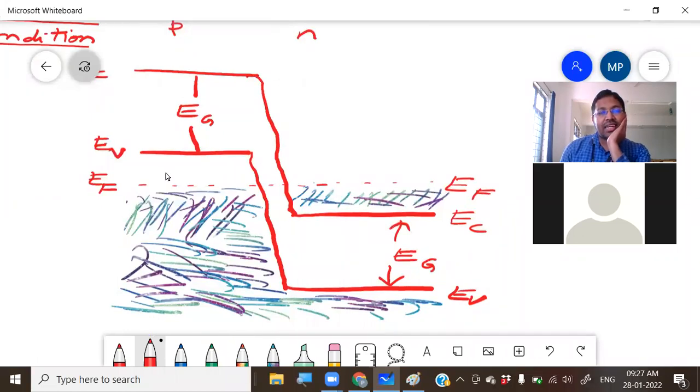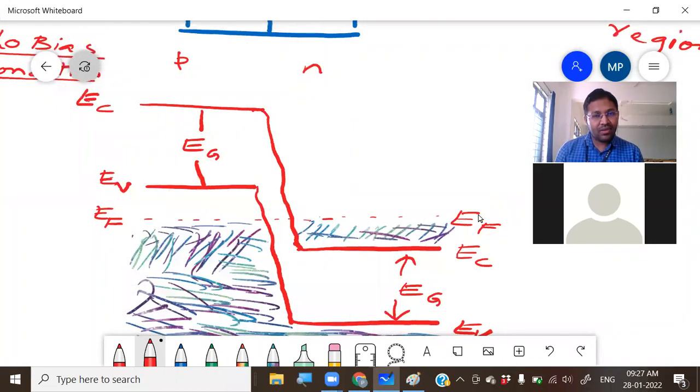You know very well that in the P region we have holes. The holes are in the valence band. So this is where the holes reside. The valence band is not completely filled with electrons. You can see there is vacancy here. Vacancy is nothing but holes.